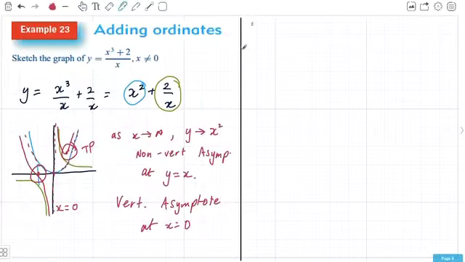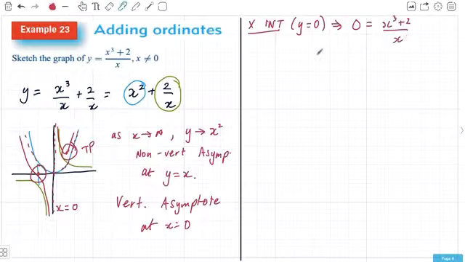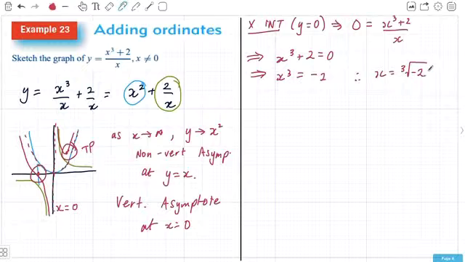First thing, there's no y-intercept, but there is an x-intercept. So for the x-intercept, we need to look at what happens when y equals 0. So we've got 0 equals all of this, (x cubed plus 2) on x, and that's easy because multiply both sides by x, just the top line remains, which means that x cubed equals negative 2, therefore x equals the cube root of negative 2.